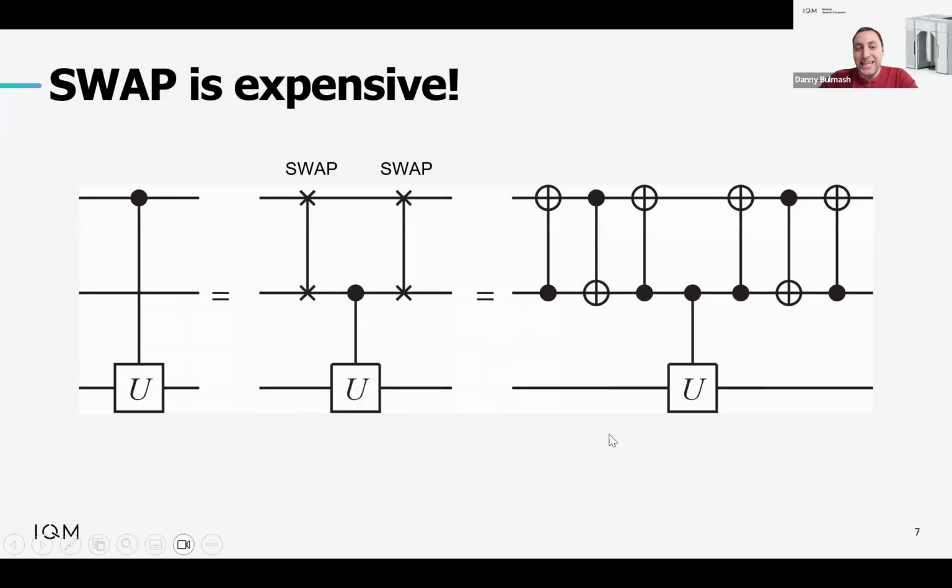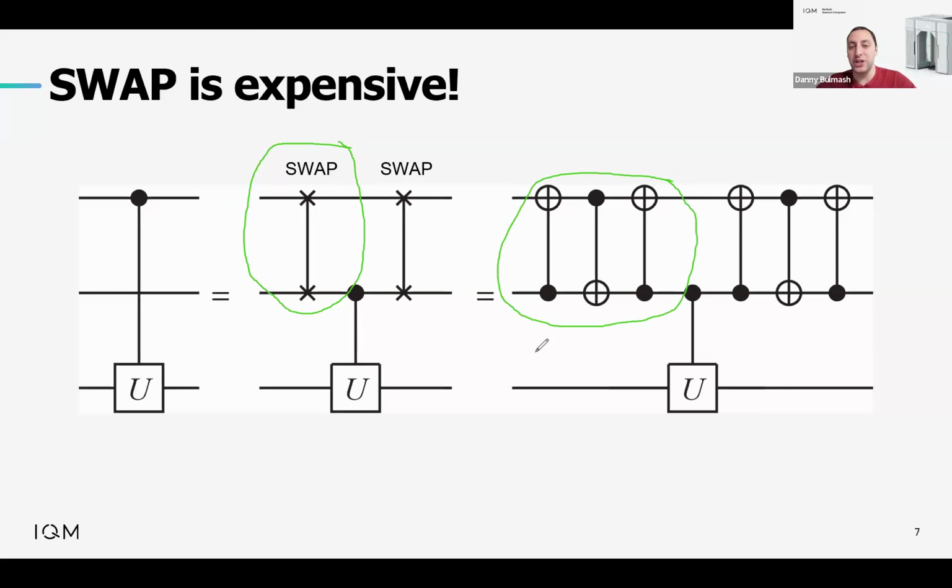The problem is that swap is actually very expensive. So imagine that we want to do this gate that we were just talking about, where we have some 2-qubit gate between qubits 0 and 2, and we want to do a swap between qubits 0 and 1 so that we can actually implement this gate. The problem is that the swap gate, in terms of what we can actually implement on hardware, is actually a lot of gates.